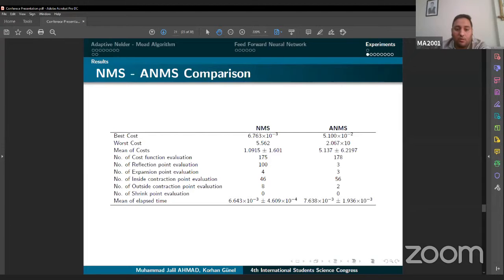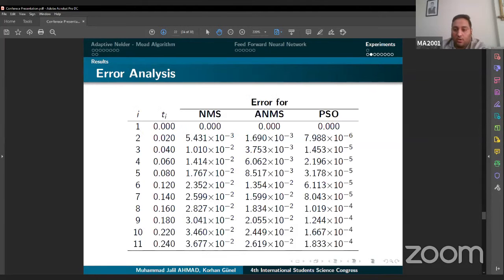Coming to our results, we have solved this one with Nelder-Mead and adaptive Nelder-Mead as well, and we have compared our solutions. We can clearly see here the adaptive Nelder-Mead is much more efficient than the standard one.